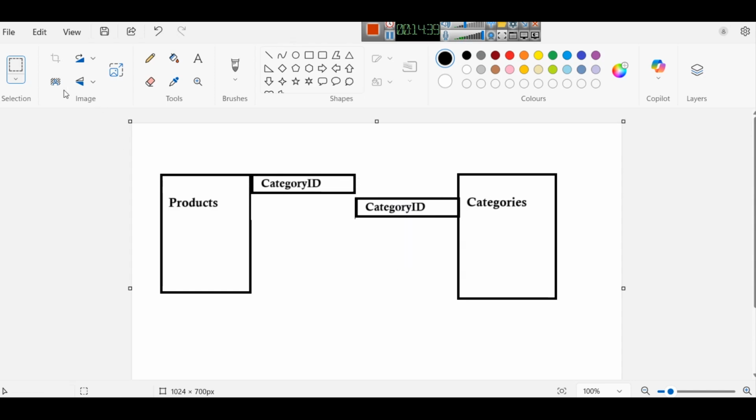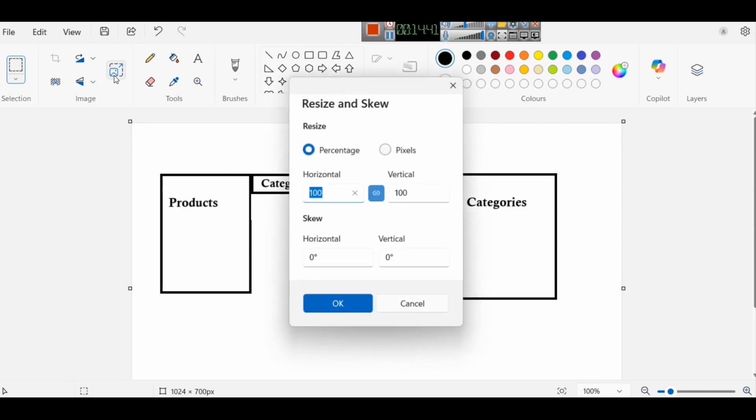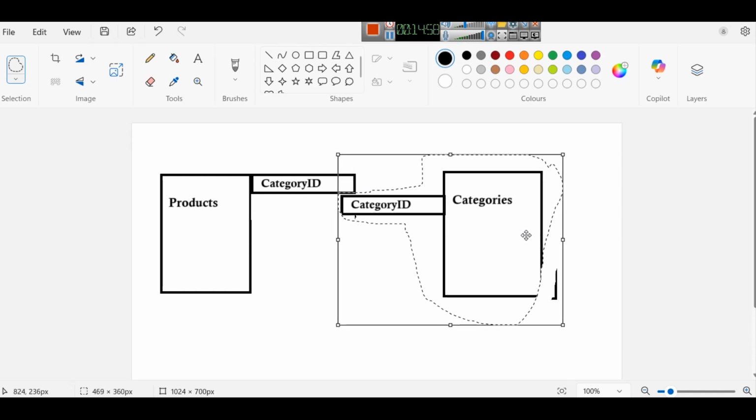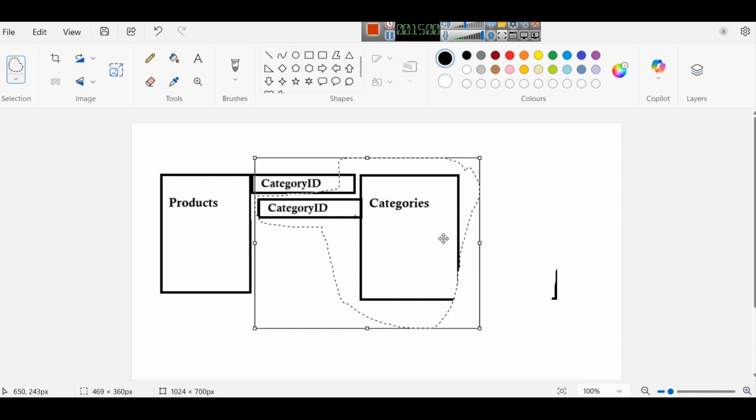So when I am joining them, I can join them on these two, right? So it's like I'm joining them like this.